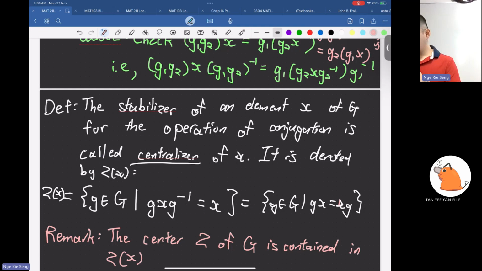So this Zx here is much bigger than the center, because the center commutes with everything, but this Zx here just commutes with x. It could be greater than the center. Make sense? So the centralizer is like making x central.